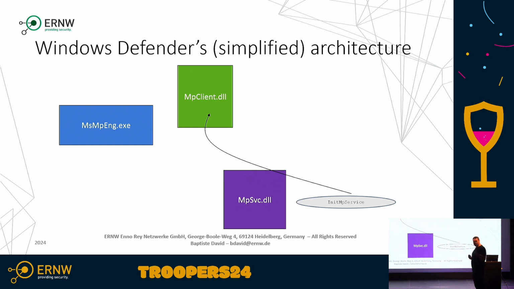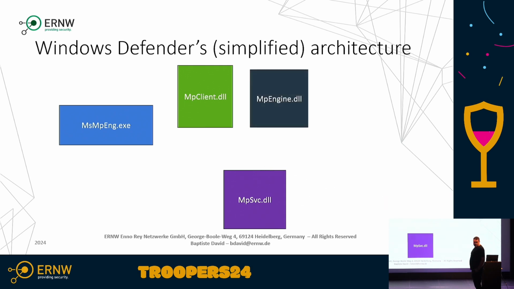mpclient.dll is the same DLL which is used by the CryptCat service. So it's also used internally by Windows Defender, but more or less for support purposes, to handle the thread pool, for instance. It's a good way to do that. Then you have mpengine.dll. This is exactly the analysis engine of Windows, where all the heavy work from an analysis point of view is performed.